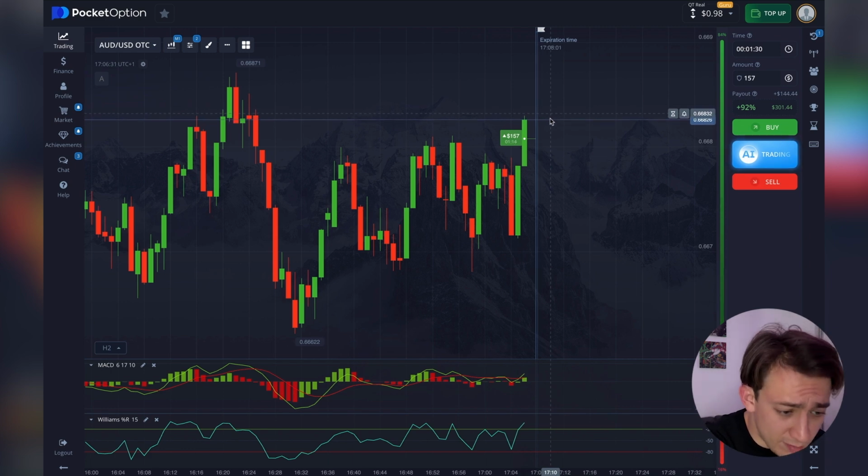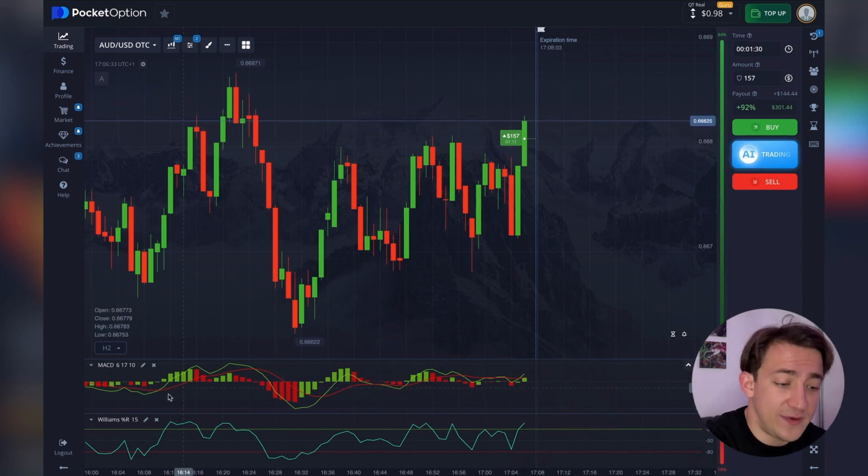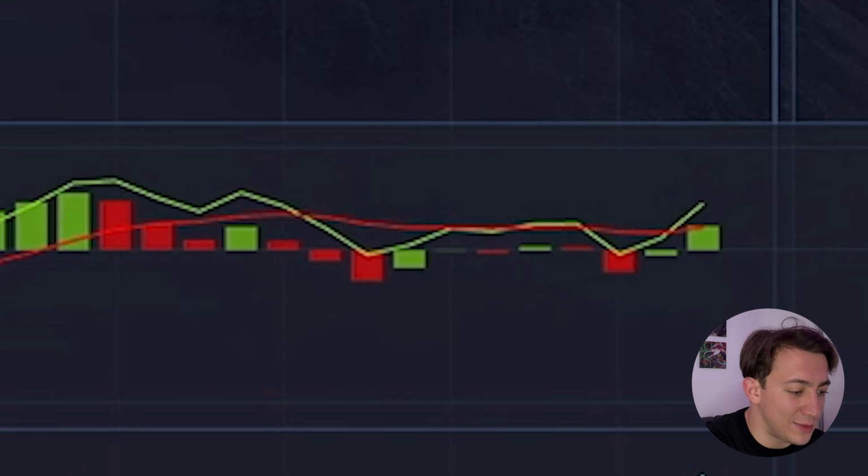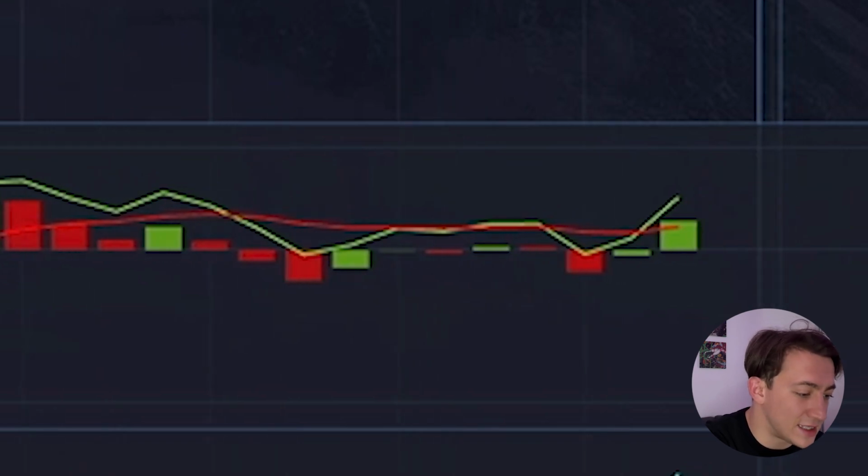First we watch the MACD indicator. That indicator consists of two lines and a histogram. The histogram has green candles and red candles.